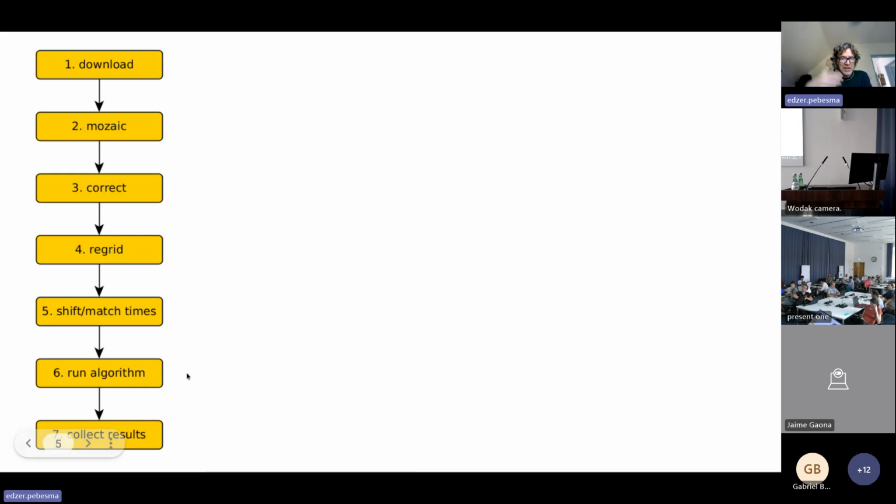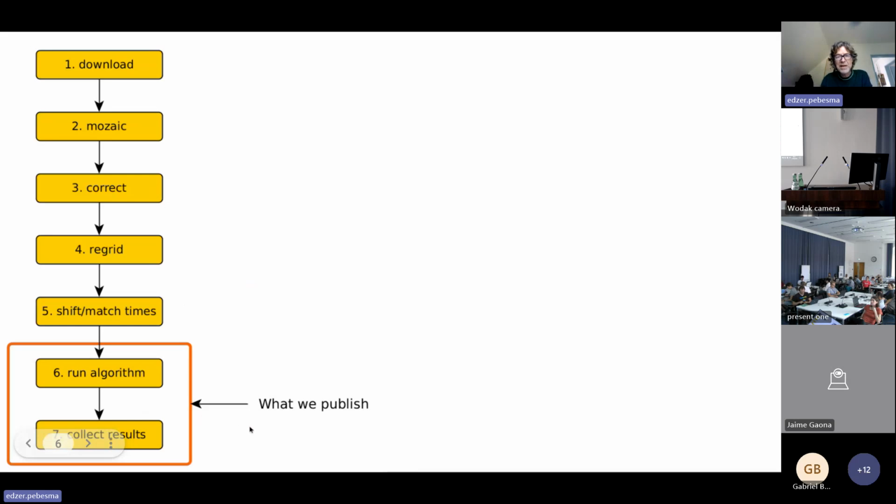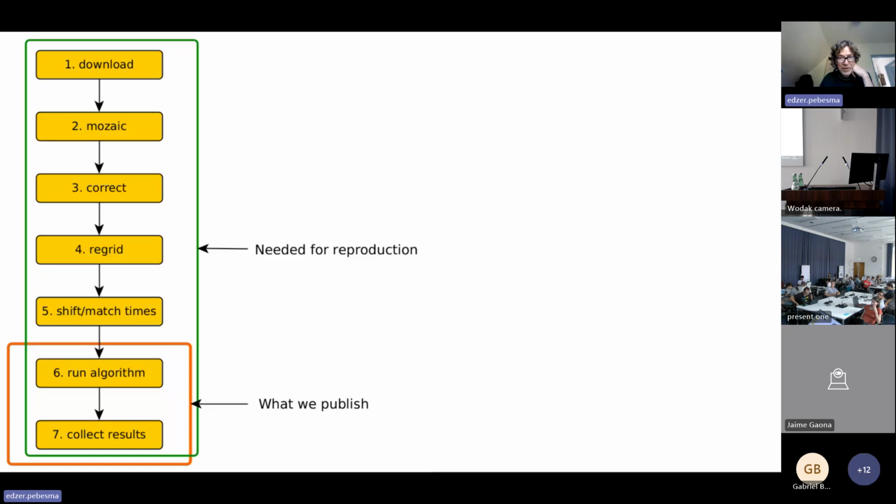And then you run an algorithm, a time series algorithm or whatever, and collect results. Initially, we would publish what we did, the algorithm and the results, the algorithm preferably displayed as mathematical equations, right? Things that people still have to puzzle over how to implement. Basically, this is what we need to do for reproduction, right?